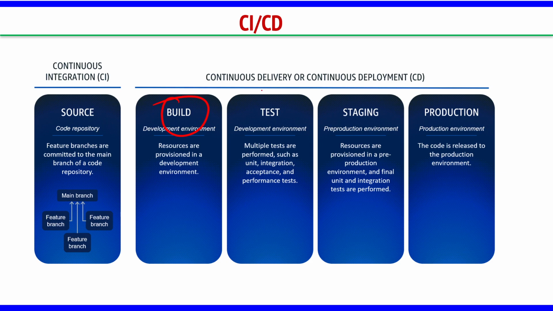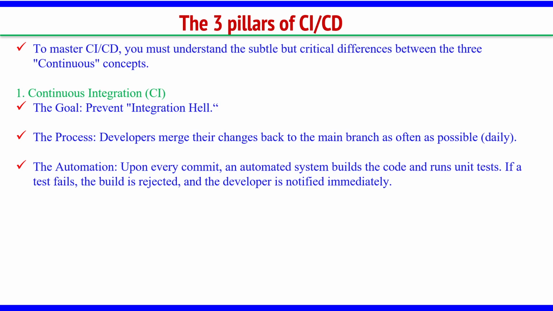Then I will be testing it, and then we will be moving it to staging, pre-production, and then to the actual production. This full process will be automated using CI/CD. So let's understand these three things in detail, what happens in each of these phases.